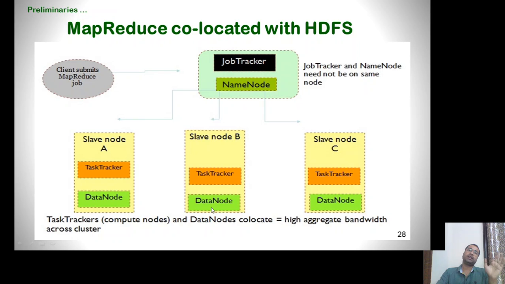The data node manages all the file system storage functionality, and the task tracker controls the MapReduce execution on the data nodes, on the slave machine. So basically these are the underlying processes for controlling the computation part and the storage management.